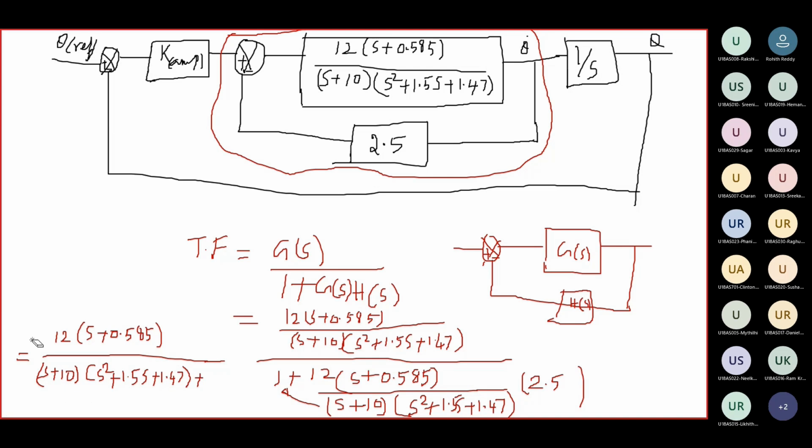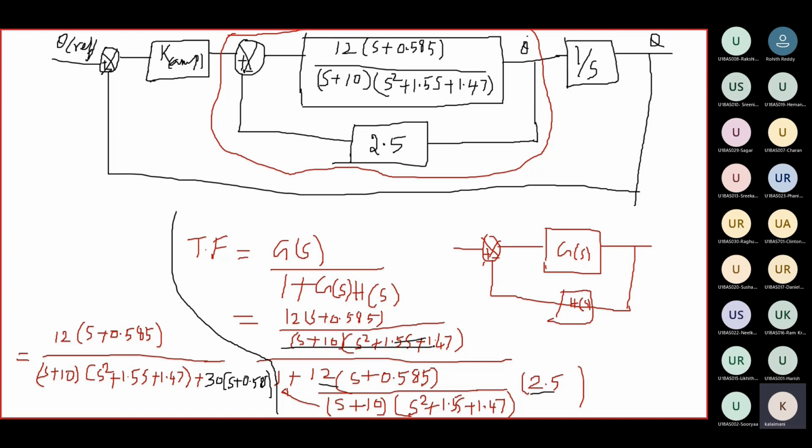So just multiply these two values, 12 into 2.5 will be 30 times S plus 0.585, divided by S plus 10 into S square plus 1.5S plus 1.47. Once we cross multiply, we cancel this term.